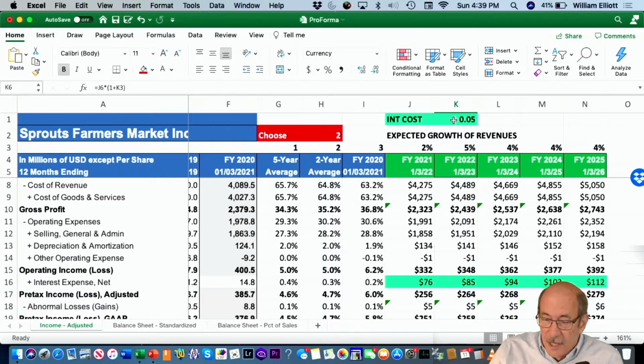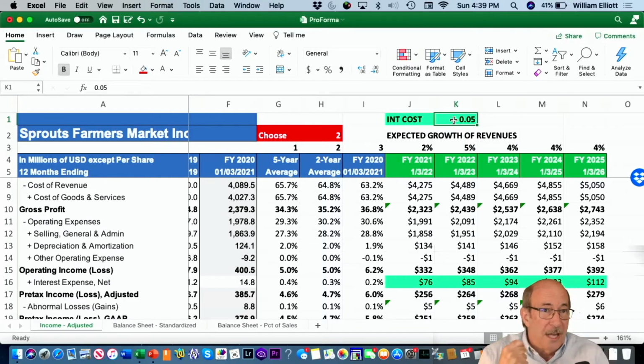So here again, this cell up here, interest cost, I just pulled a number out of the air just for demonstration purposes. You could actually go to Bloomberg and analyze what the cost of debt is and figure out what the current average cost of debt is and what they would be if they took on new debt, what that would cost them and so on, and come up with a much better figure. I just pulled out of the air 5%.